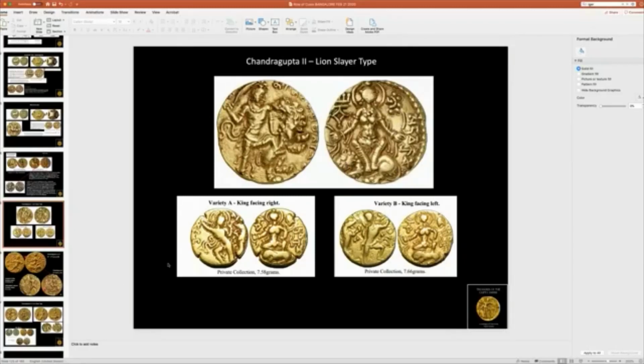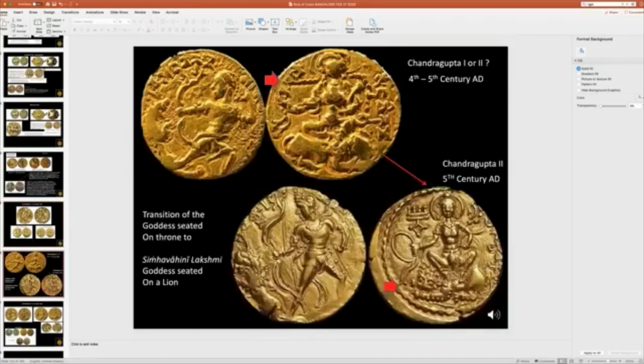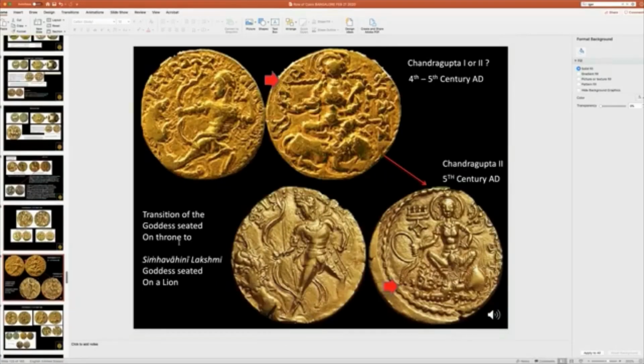Okay. Now, if you see here, this is also a lion slayer type. And the reverse shows this throne, the outlines of a throne.